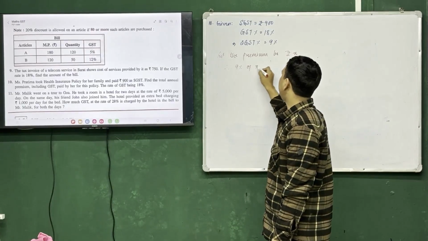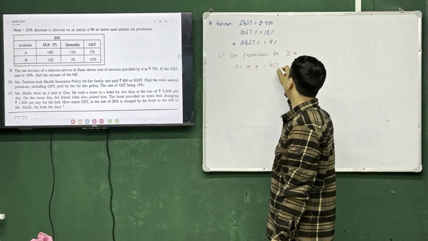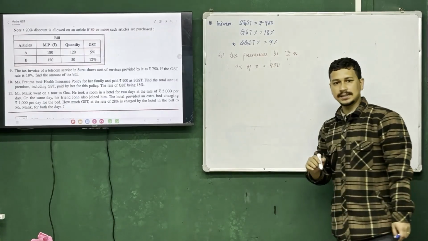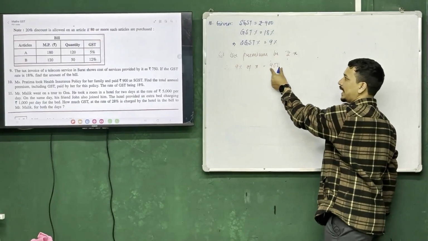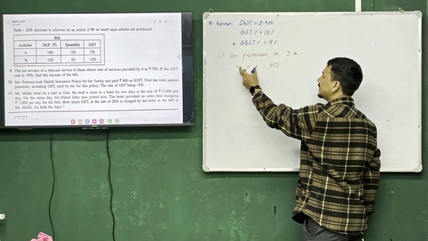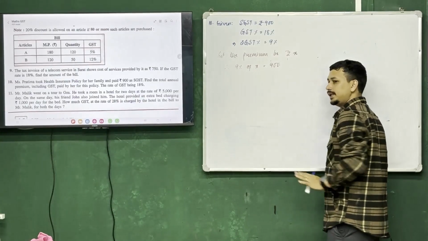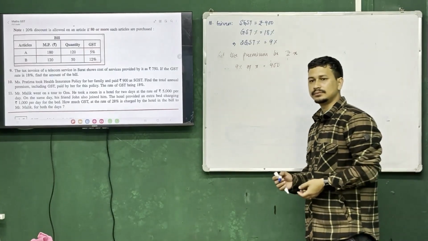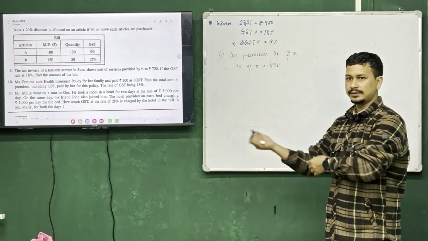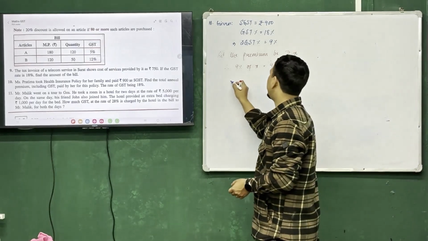So 9% of X must be equal to 900. Does this line make sense? Yes? Because SGST is 900, and if the premium is X, that means 9% of X must be 900. Alright, so let's simplify.